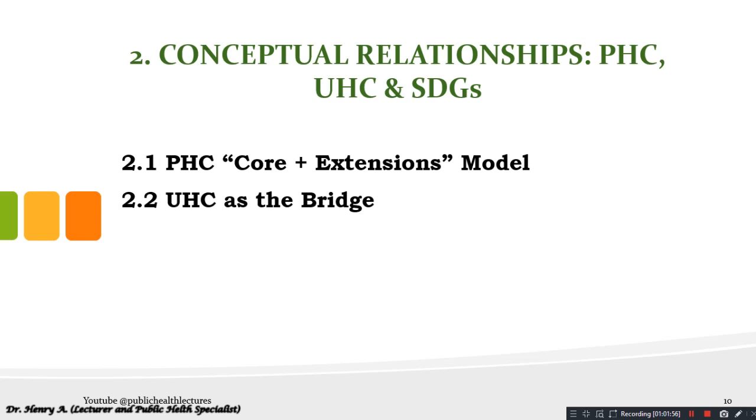If the right investment, if the proper scale-up is given to the PHC, it will bring about a great breakthrough such that 75% will be achieved. Those health gains that are expected from the SDGs will be long achieved if the PHC is properly serviced.